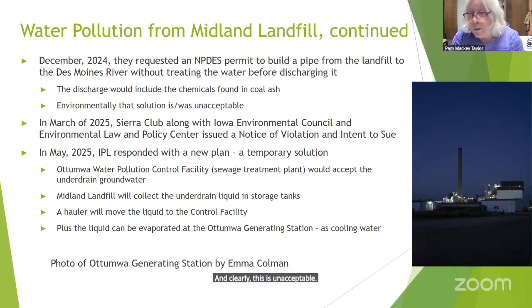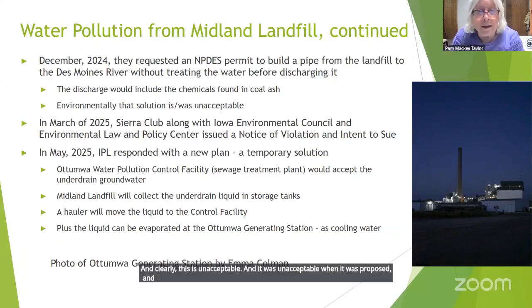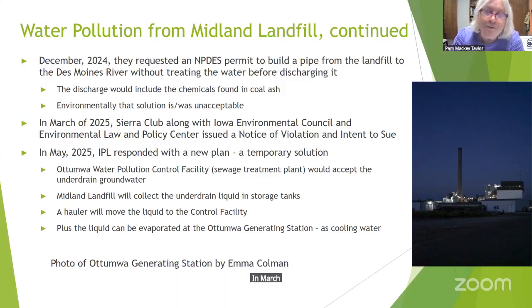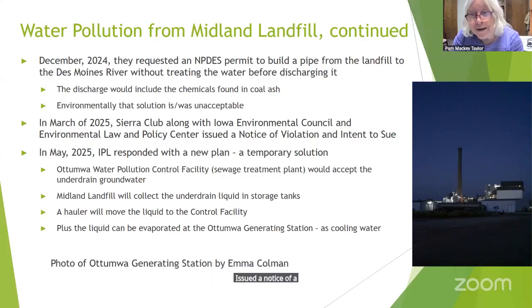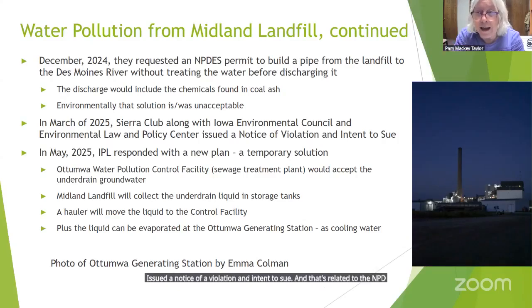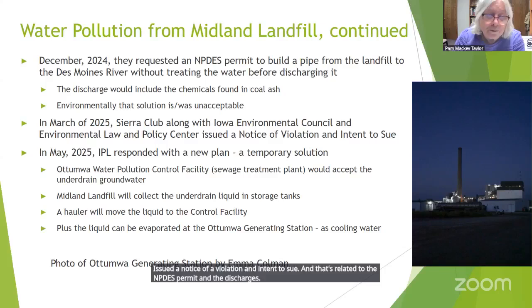And it was unacceptable when it was proposed, and it remains unacceptable. In March of 2025, the Sierra Club, along with the Iowa Environmental Council and the Environmental Law and Policy Center, issued a notice of a violation and intent to sue. And that's related to the NPDES permit and the discharges.